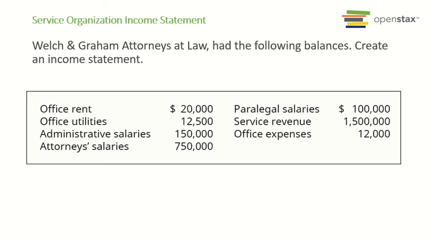So let's look at a service organization. We have this law firm. We have the following information. We need to use this to put together an income statement for this law firm.